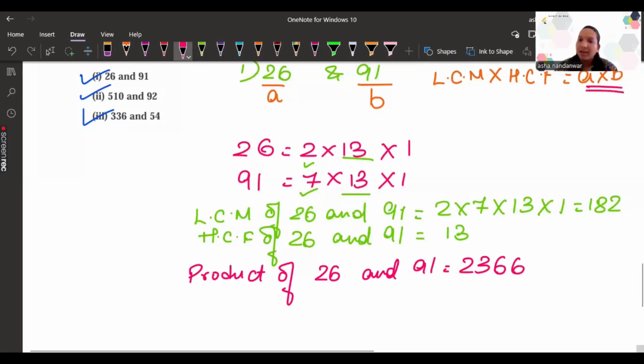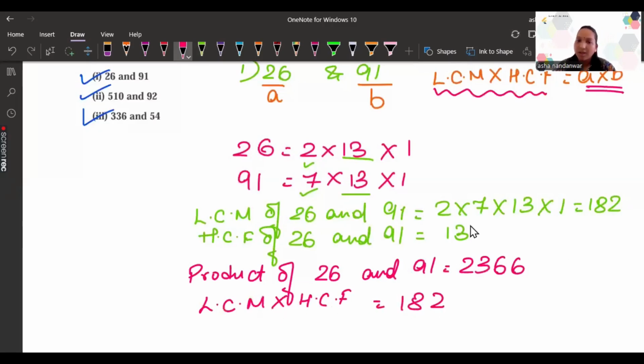Now let's multiply A and B. Right now I multiplied A into B. Now I will be multiplying LCM into HCF. Let's see what is the answer. Is it coming the same? What is the LCM? 182. What is the HCF? We just now got 13. If you multiply these two numbers, you will be getting 2366. So hence it is proved that LCM into HCF is equal to the product of 26 and 91.